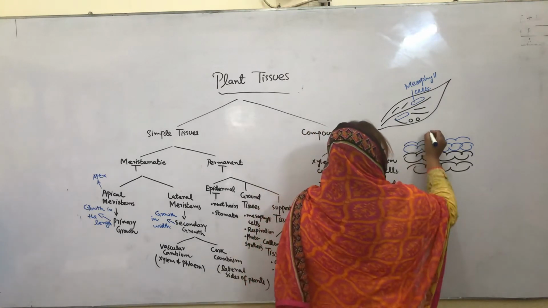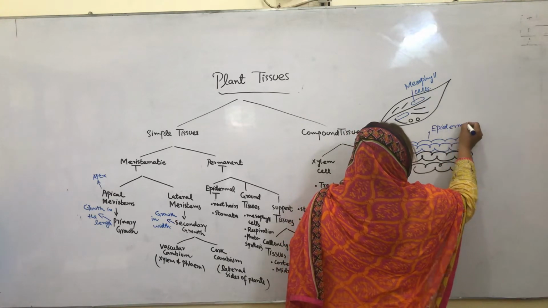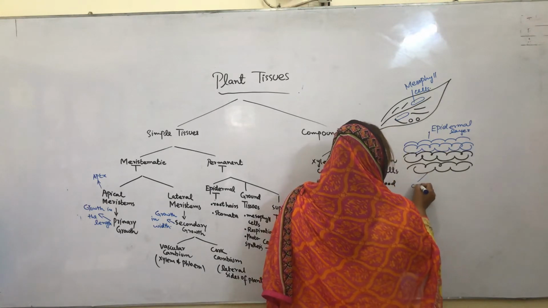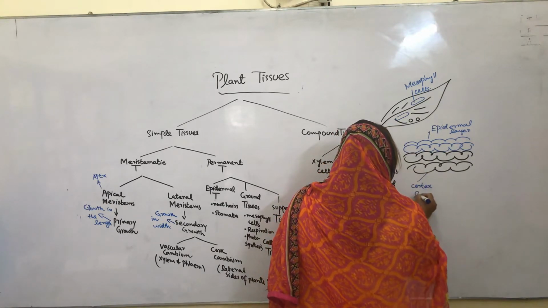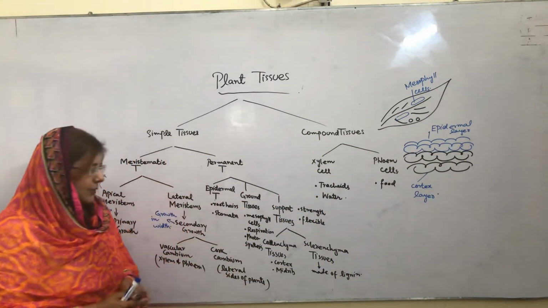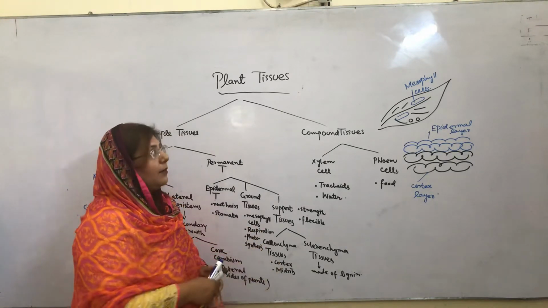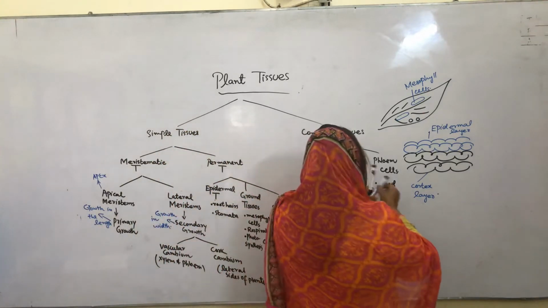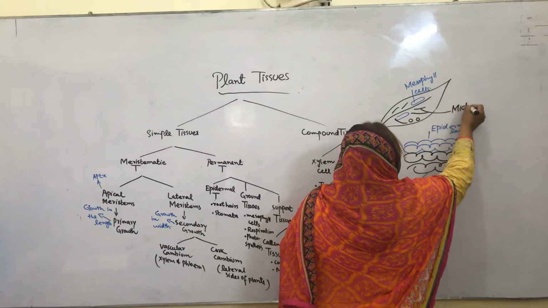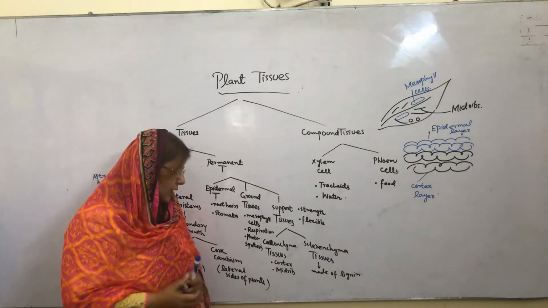The upper layer is called the epidermal layer, and this is called the cortex layer. So collenchyma tissues are present in the cortex, and we can find these tissues in the midrib of the leaves. They are found in the midribs of the leaves.